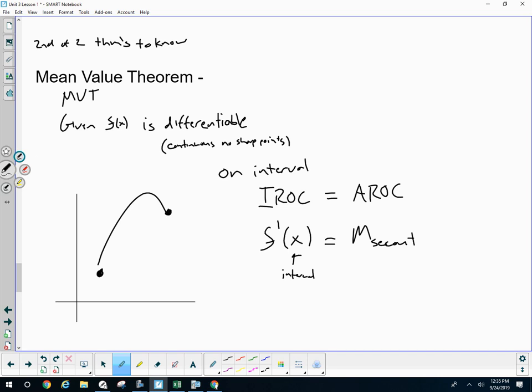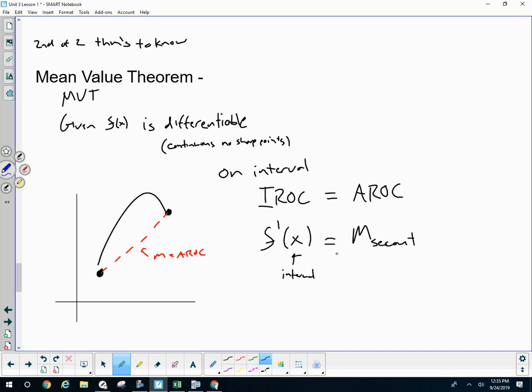Watch. No matter how you connect it, you got your 2 points, they create a secant line, and the slope of this line is the secant, the average rate of change. Okay? There is some location guaranteed by the mean value theorem where the slope of our tangent will equal the slope of the secant.